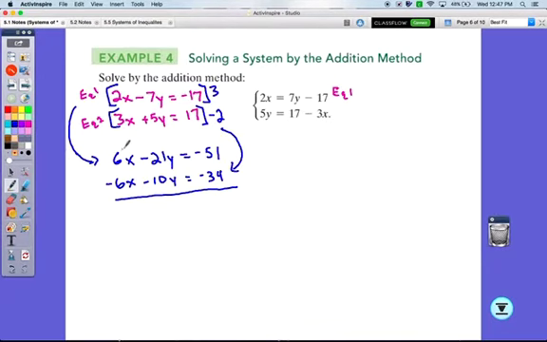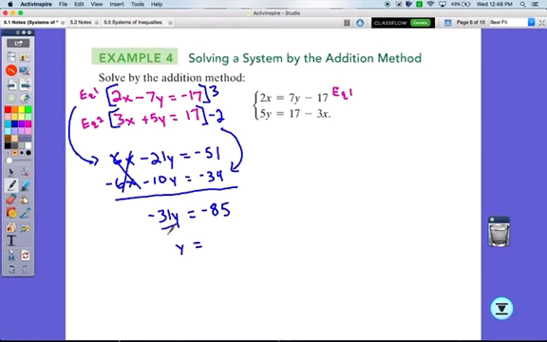All right, now I'm going to do my elimination or my addition. 6x minus 6x, that goes away. Negative 21 minus 10 is going to be negative 31y. And negative 51 minus 34 is going to give me a negative 85. I divide the negative 31 over.